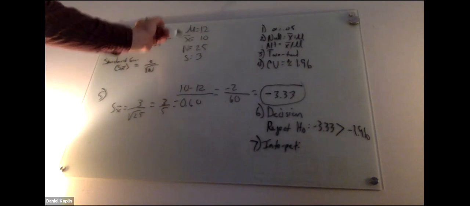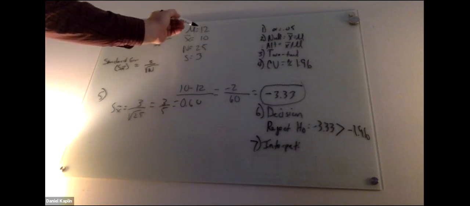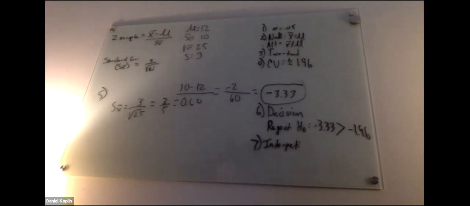So this is the sample mean, this is population mean. The sample mean, they did significantly fewer hours than the population mean. And that is how we would do a z-score for a sample. And I'm gonna press pause and reset the slideshow, and then we'll continue with the one sample t-test.